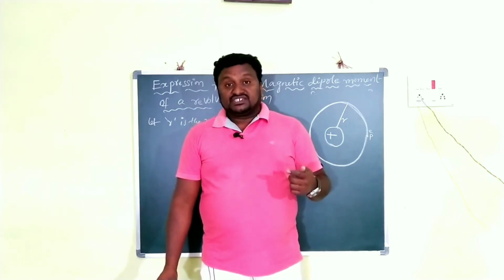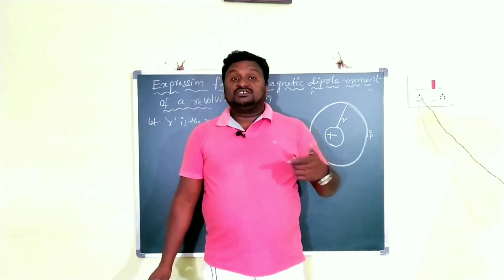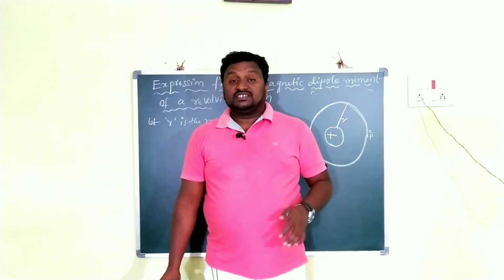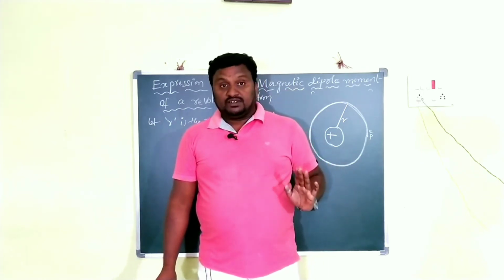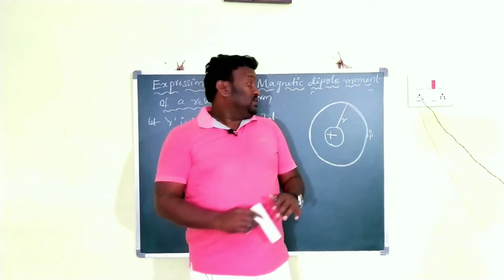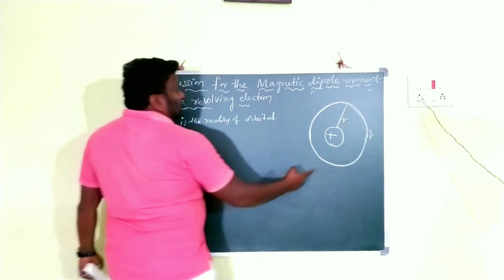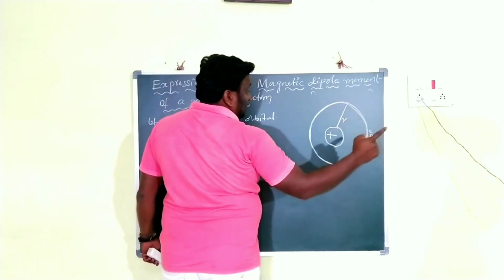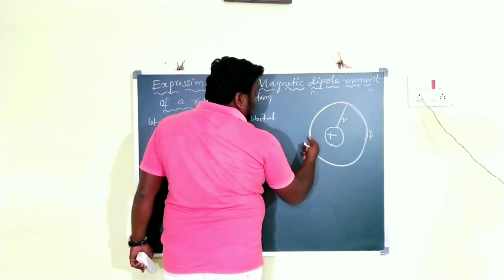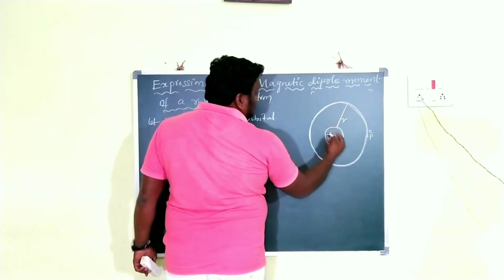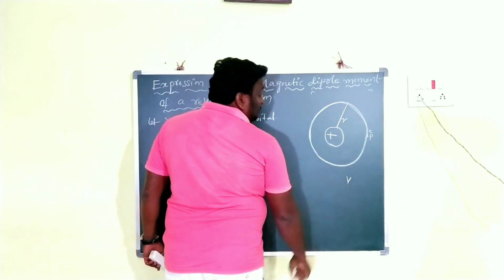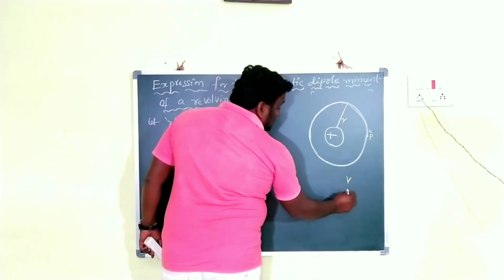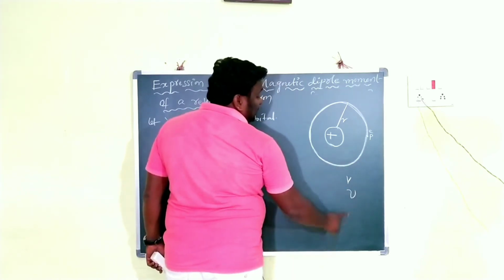In this case, the number of revolutions made per second is the frequency, nu. While the electron revolves along the circular path, its velocity is v.